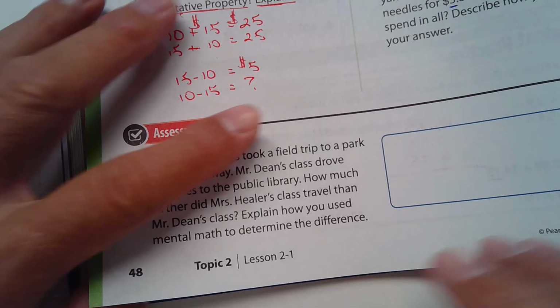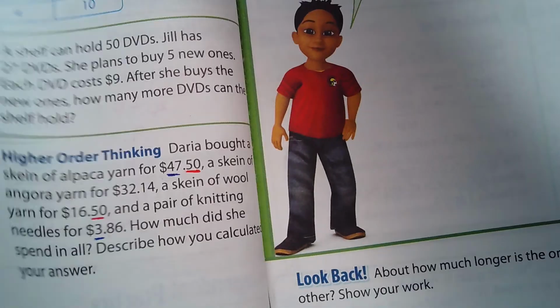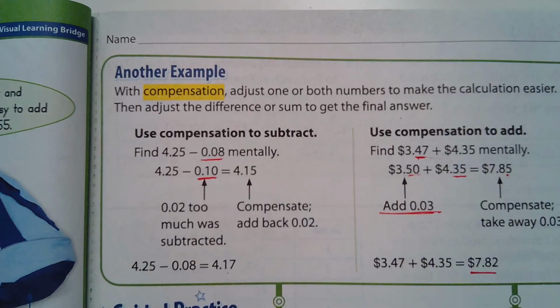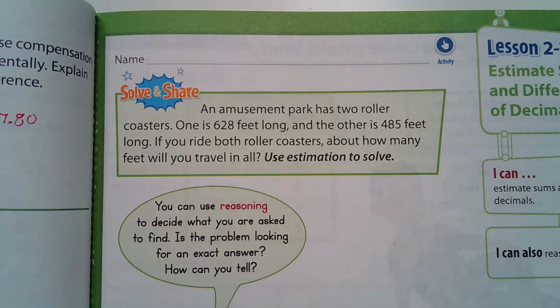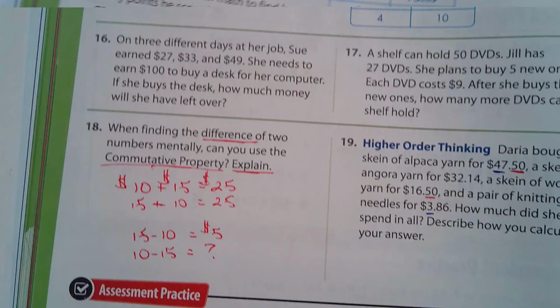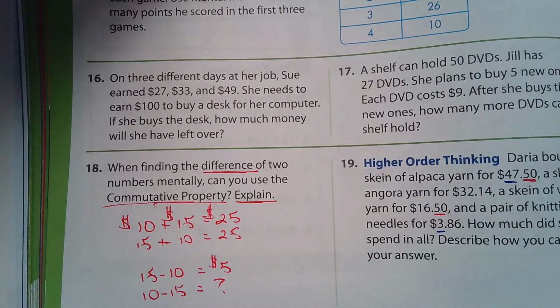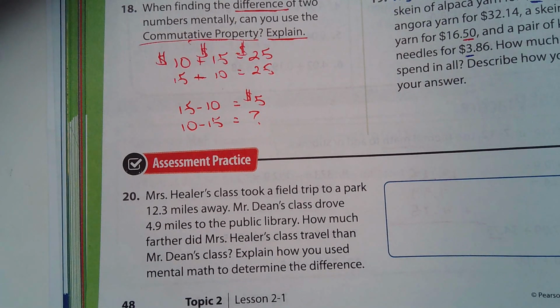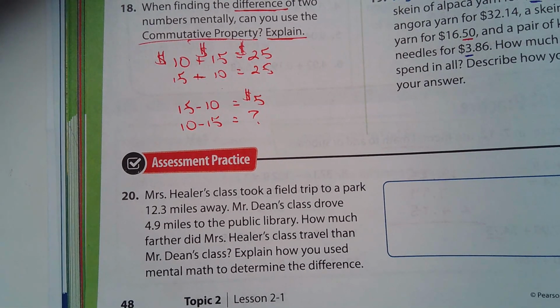I think it's called compensation. I'm going back a page here. We talked about that earlier. Yeah. So you could do that to help you solve it. And that's it. I'll let you guys put your own answers for the bottom of page 48. And how much further, and explain what you did. Okay, that's it.